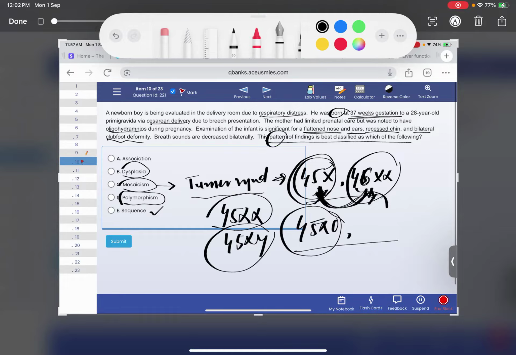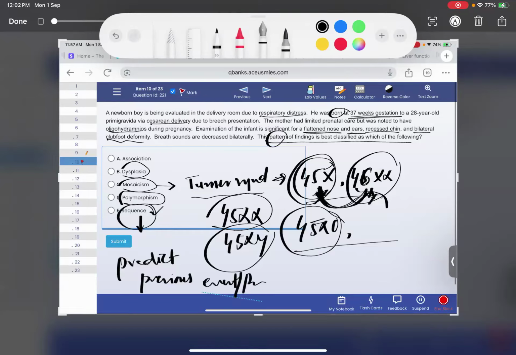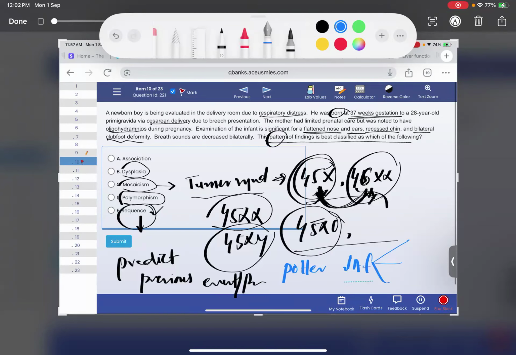So what about sequence? A sequence is when we predict the disease from a previous event or problem, like in Potter. In Potter, what happens? We have decreased amniotic fluid, right? And that is causing all three problems.